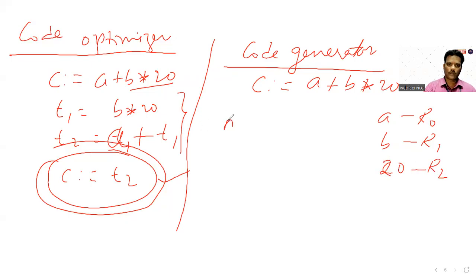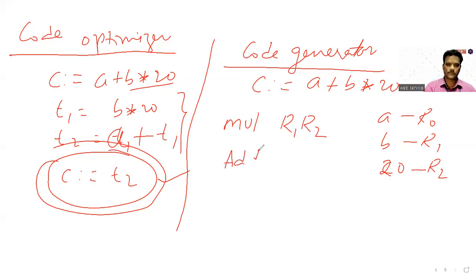Then multiply R1, R2. Multiply R1 and R2 means R1 and R2 are multiplied and the result is stored in R2.